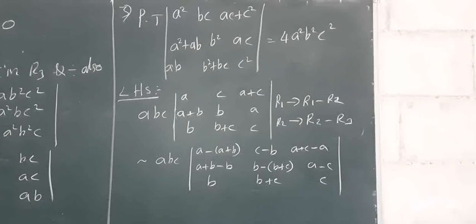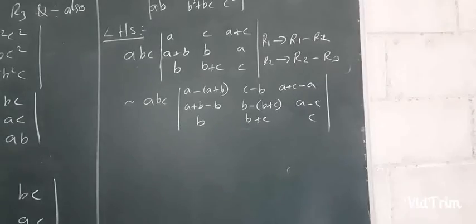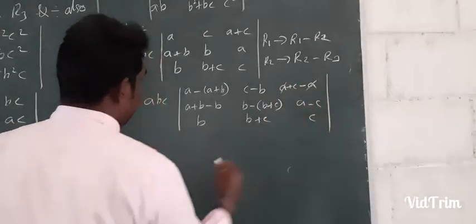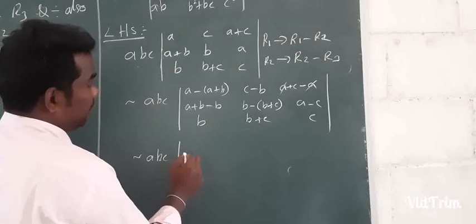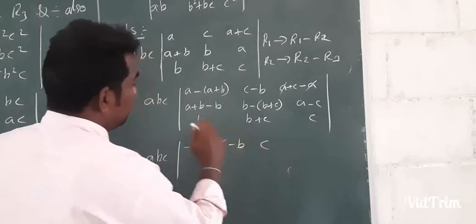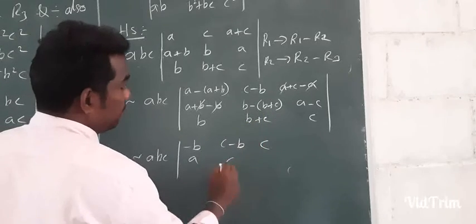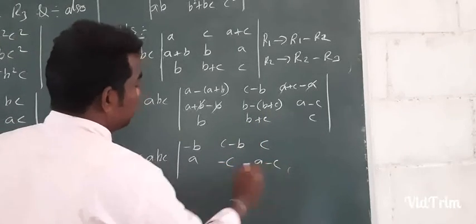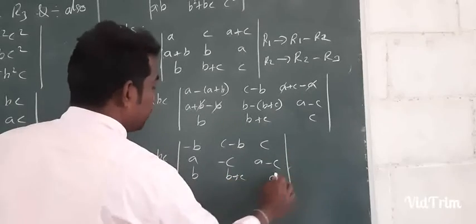Next term, C minus B. Last term, A and A cancel, only C we have. So the remainder terms are A and A minus B, C minus B, C. Here B and B cancel, remainder minus C. Here A minus C, B plus C and C.